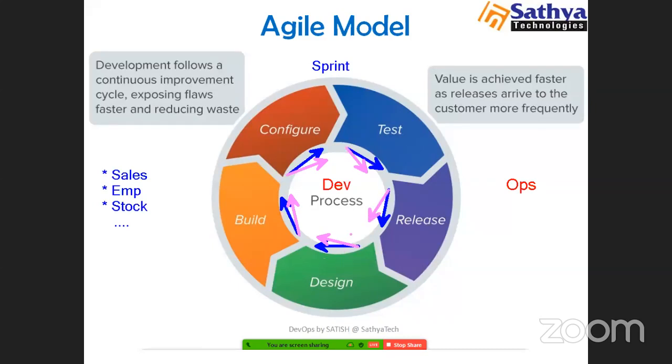If you see here, you will get one module at a time, since you get continuous development. But the problem is you won't get continuous operations. You can have continuous development, but you cannot find continuous operations.